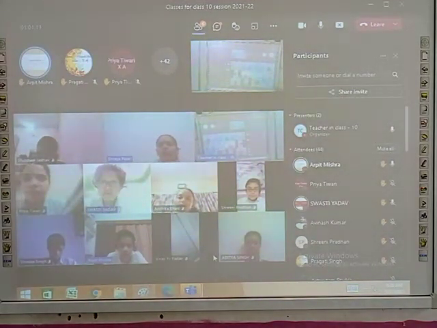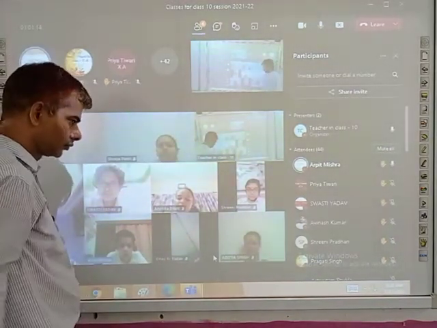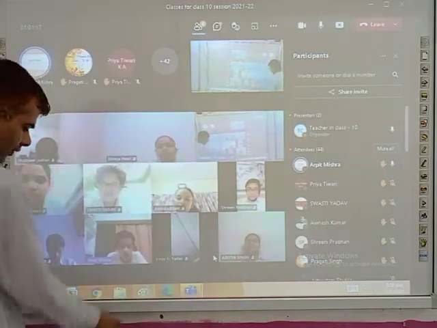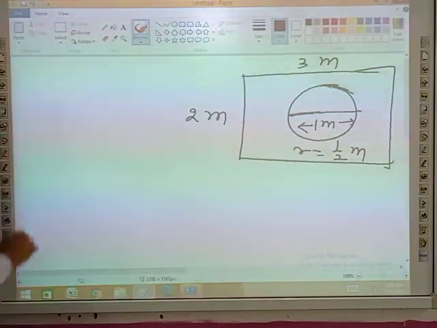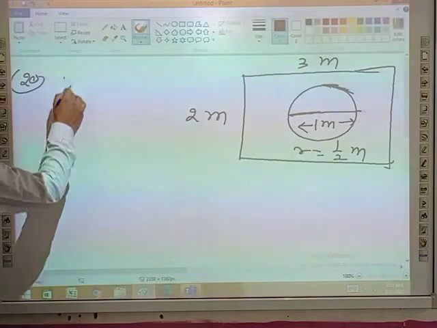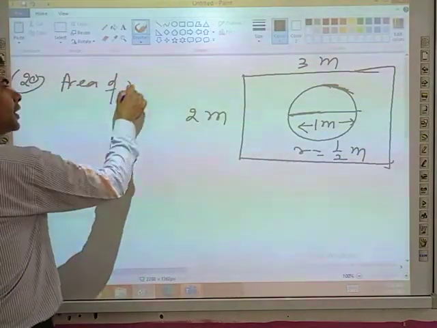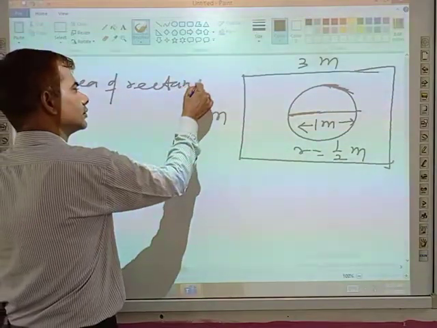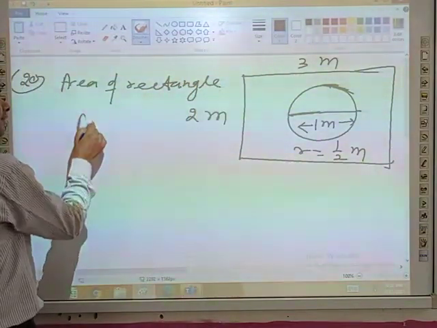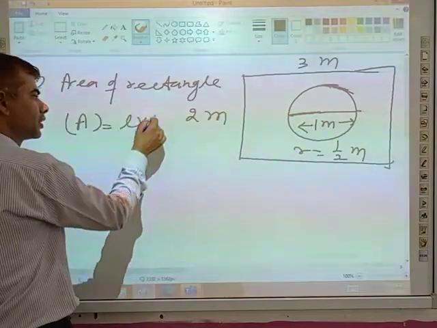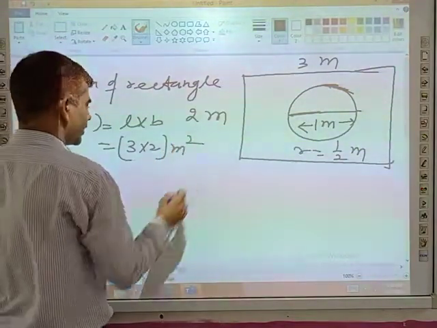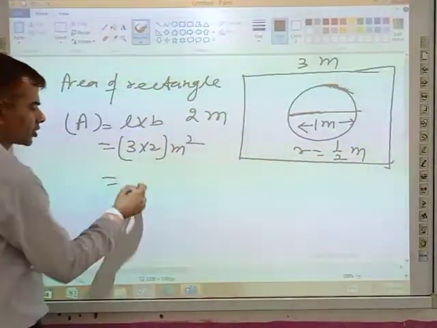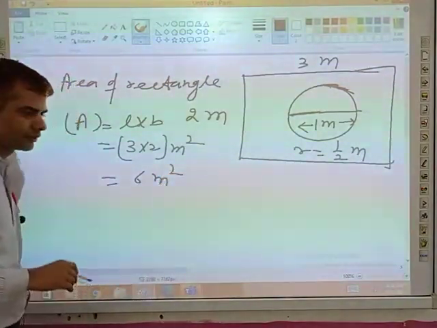Total area will be the area of the rectangle and the desired area will be the area of the circle. Now the area of the rectangle is length into breadth. Your length is 3 and breadth is 2, so the area is 6 meter square. Any doubt, any problems?